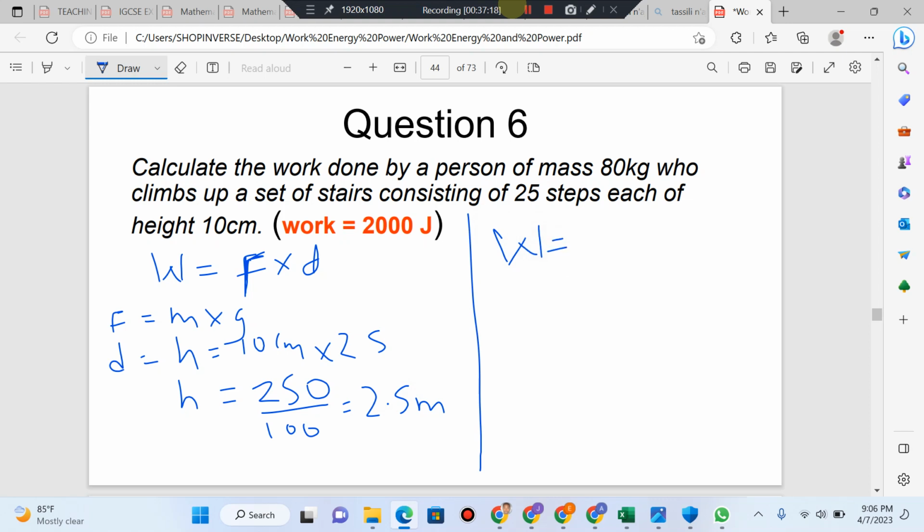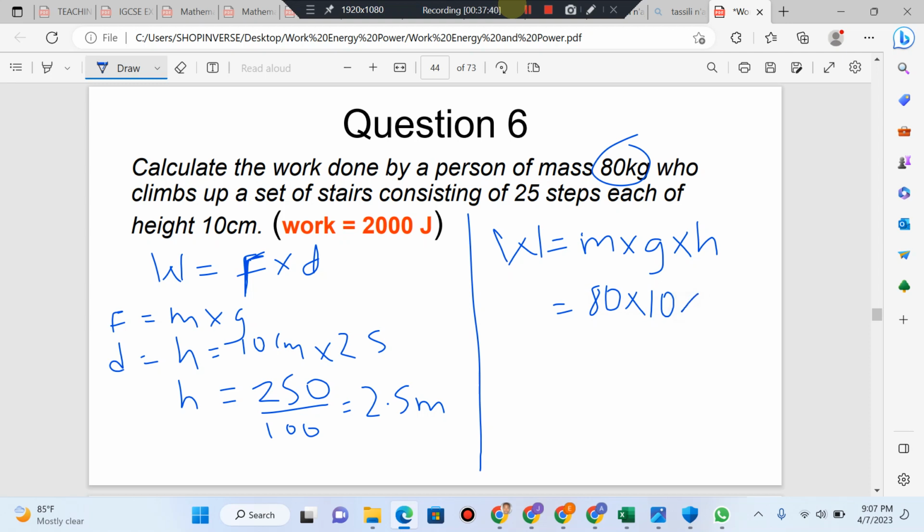Now we can calculate the work done by saying work done is equal to your force. How do you get force? Mass times gravitational field strength to give you the force, okay? Multiply by your distance. What's the distance? The distance is the height, okay? So multiply your mass. What's the mass? The mass is 80 kilogram, 80, multiplied by g.